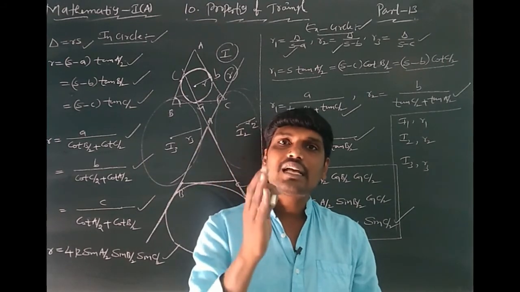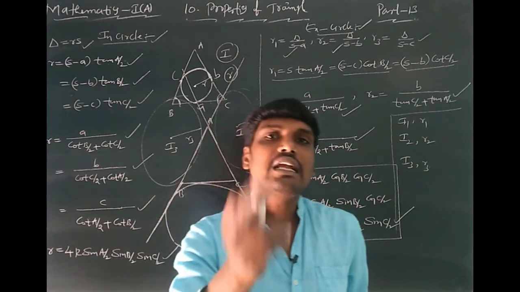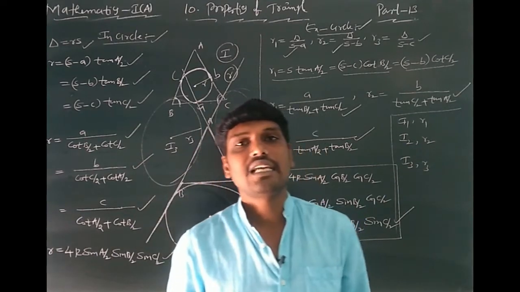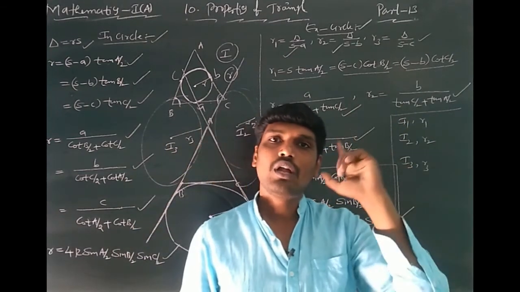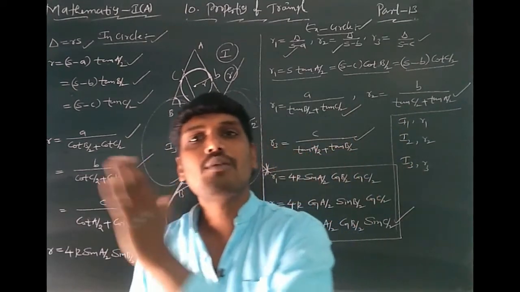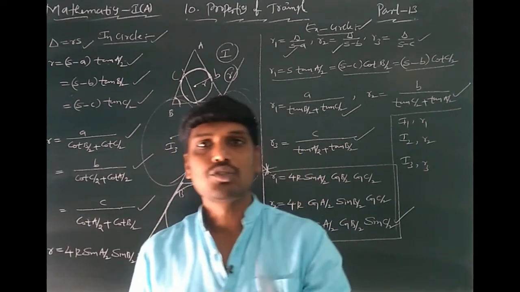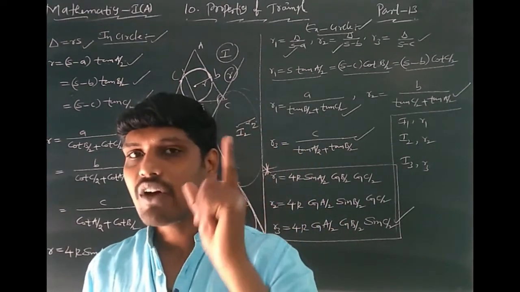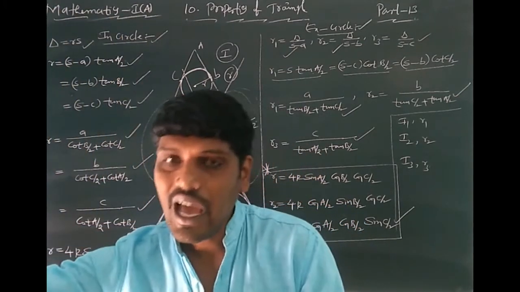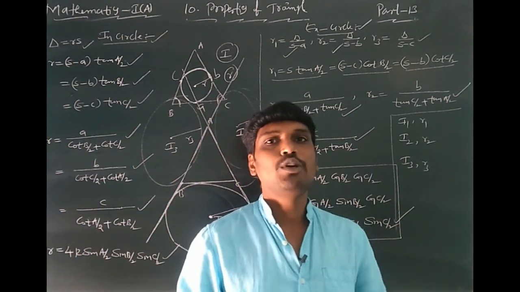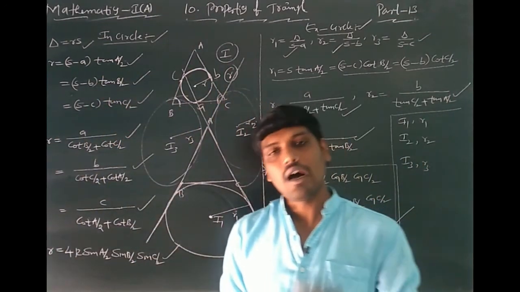In this exercise 10b, you will understand perfectly. You can read once again exercise 10a: sine rule, cosine rule, tangent rule, projection rule, half angle problems, and area of the triangle formulas also. You will easily understand exercise 10a and exercise 10b by using those formulas, and the excircle formulas also.